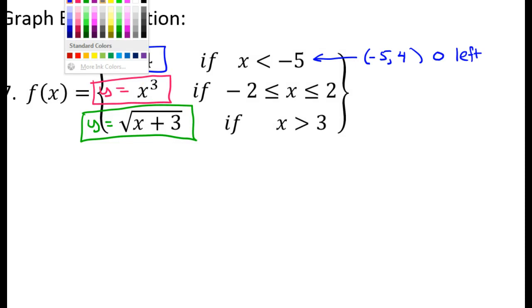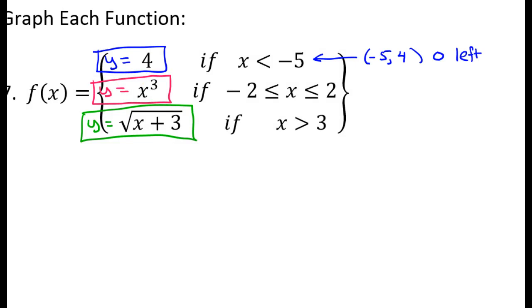Okay, now let us graph the red piece. The red piece is going to have two endpoints because of these two x values. Each one will correspond to an endpoint of this piece of the graph. So I'll have an endpoint at negative 2 comma something, and I'll have another endpoint at positive 2 comma something.